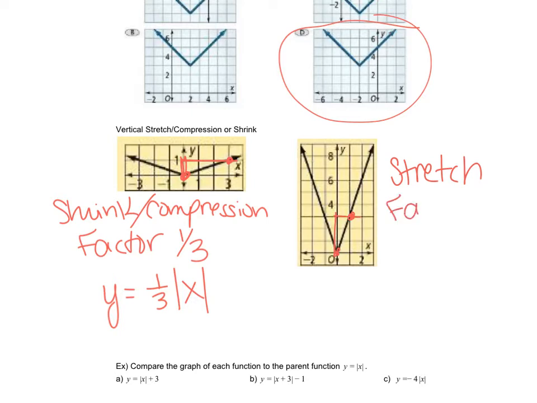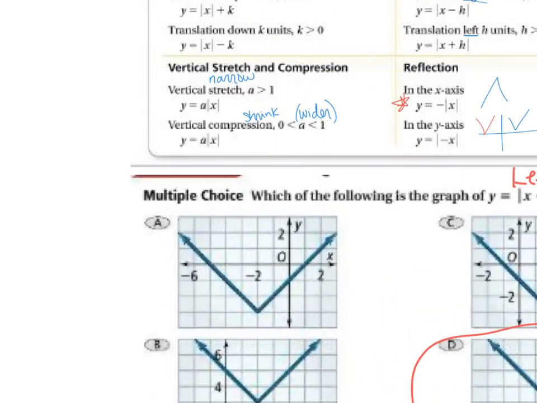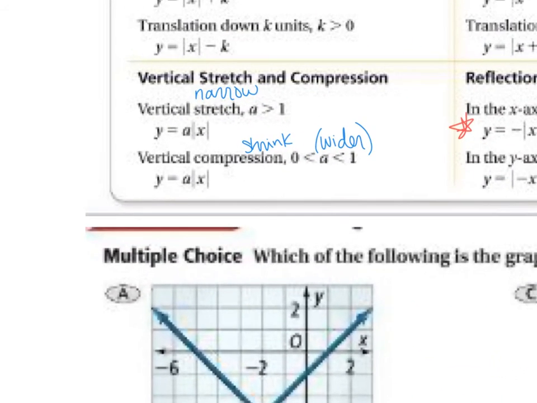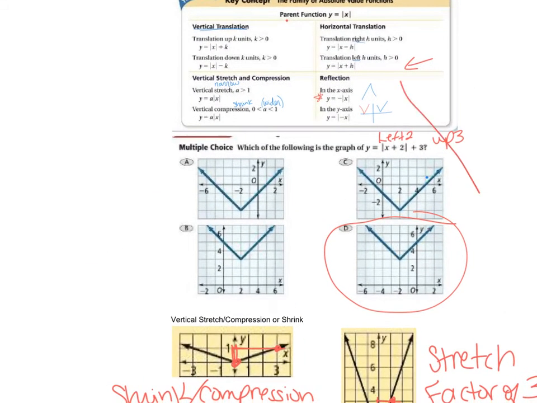So the stretch is by a factor of 3. So this graph would be y equals, the 3 goes in front of the absolute value, 3 absolute value x. So you can see right here, it's going to be a vertical stretch. It's more narrow when a, the number in front of the absolute value, is greater than 1. In this case, it is 3.